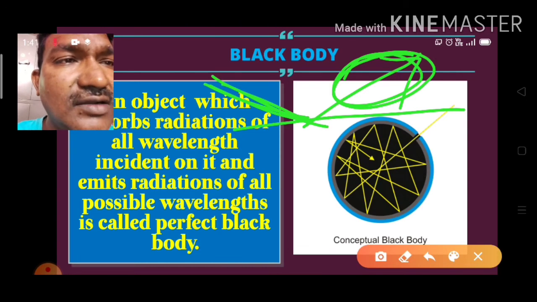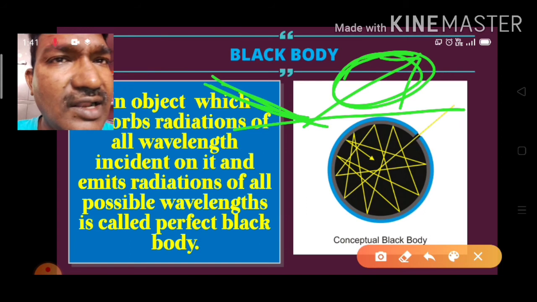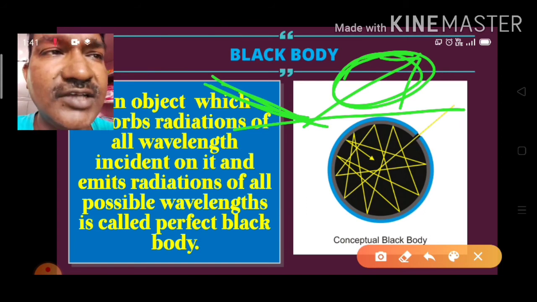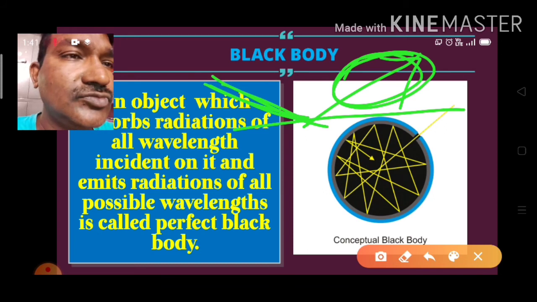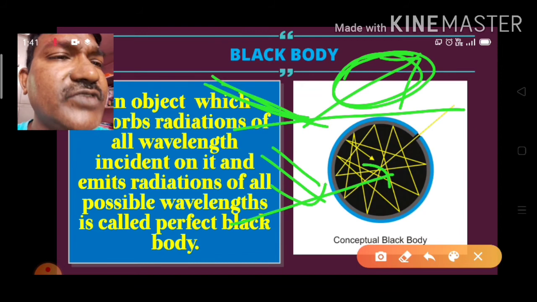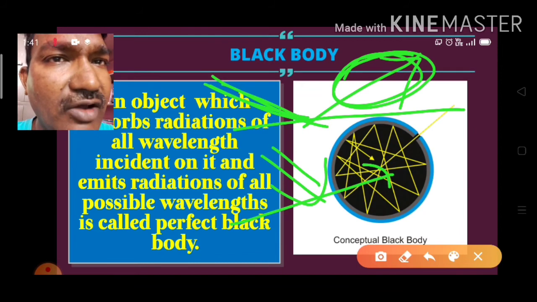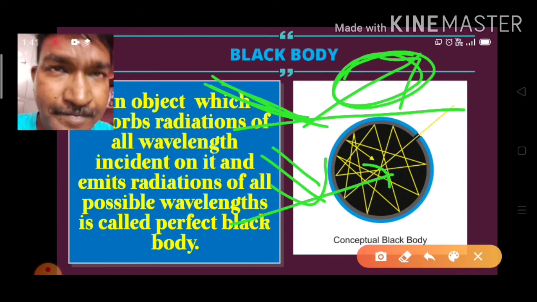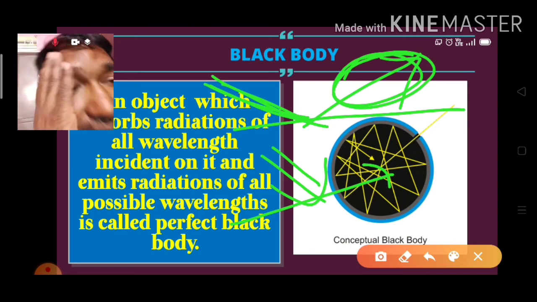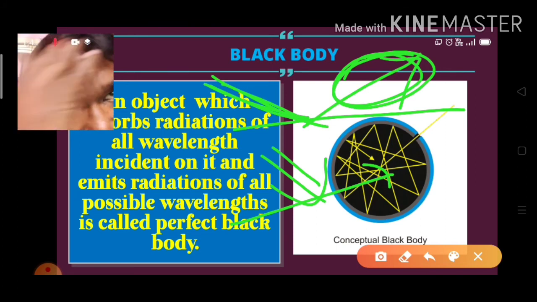So all the lights, white light, are reflected, and that object appears in the white color. And if an object absorbs all types of radiations that fall on it, then automatically that object appears in the black color.